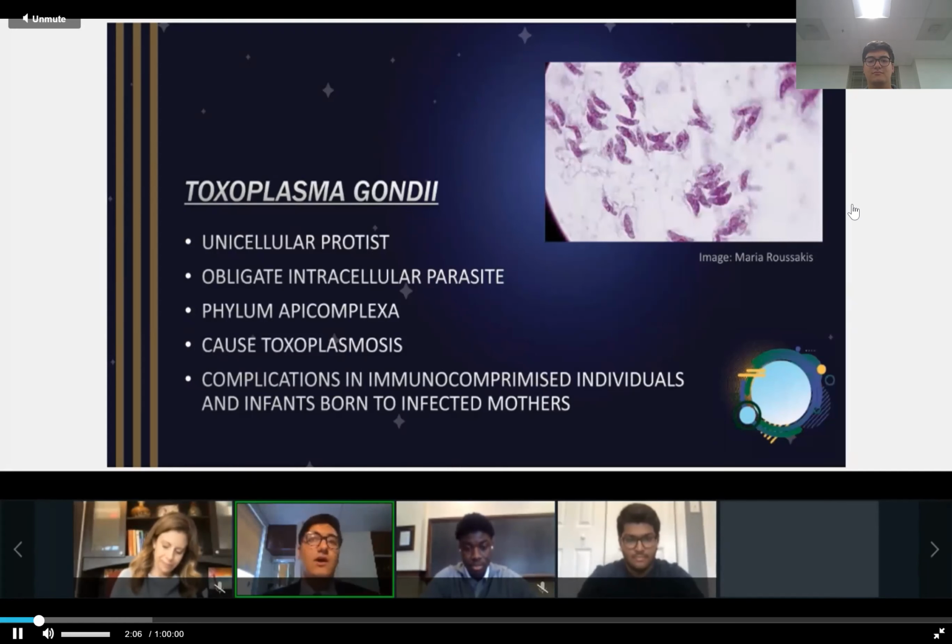And while in most humans, toxoplasmosis is relatively harmless, it can have some pretty severe complications if immunocompromised individuals are infected. So that being any patients going through chemotherapy, HIV or AIDS, infected people. Also, infants born to infected mothers can have pretty severe complications such as blindness and severe ocular diseases later in life as well.